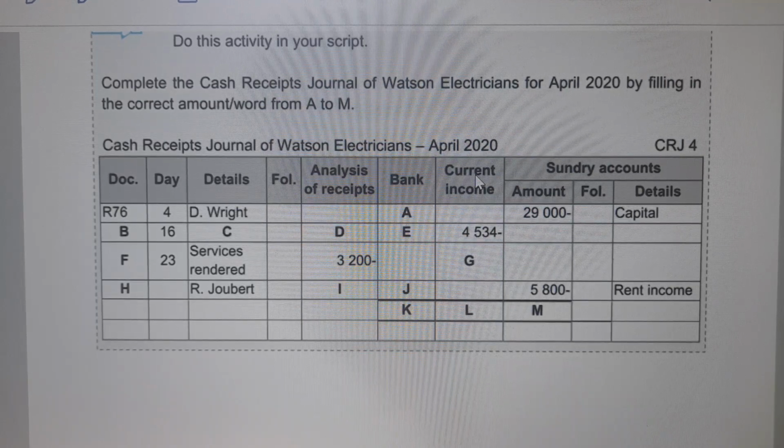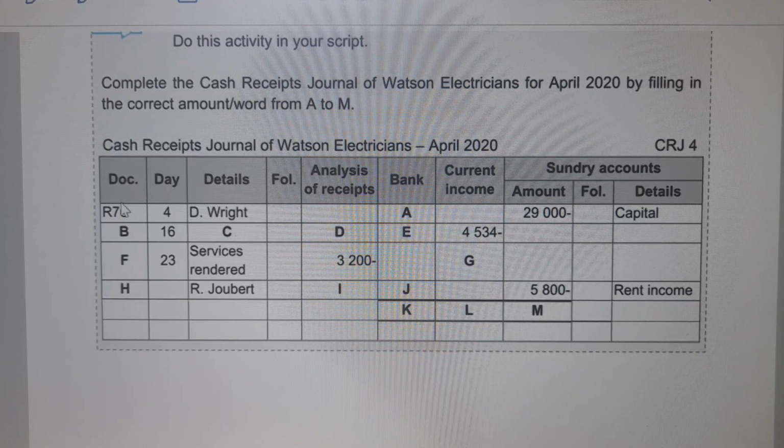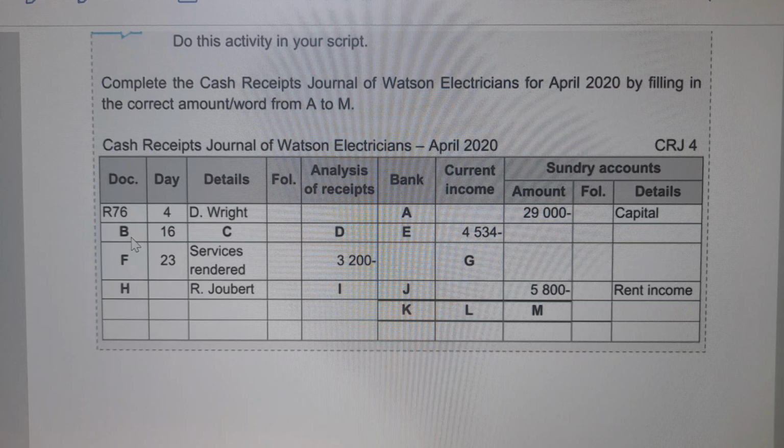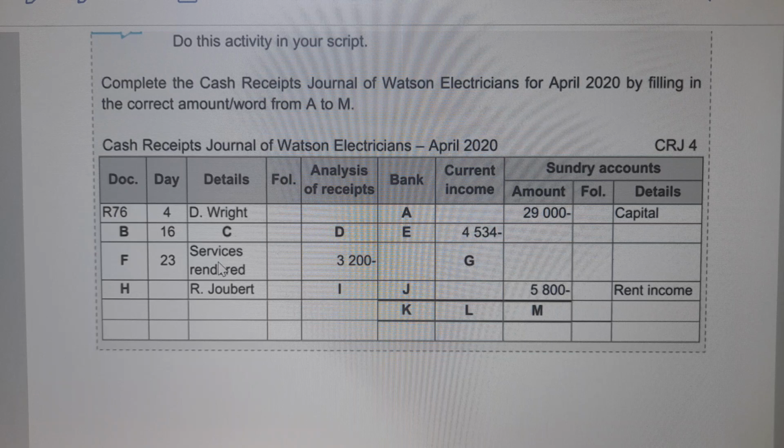So, we have the current income, so we know current income does not go to sundry accounts, so these columns will be open. And we have number F, which will be a receipt. Oh, this is receipt 76, so this will be receipt 77. And number F, it will be receipt number 78. It happened on day 23 of April, and it was for the services rendered.